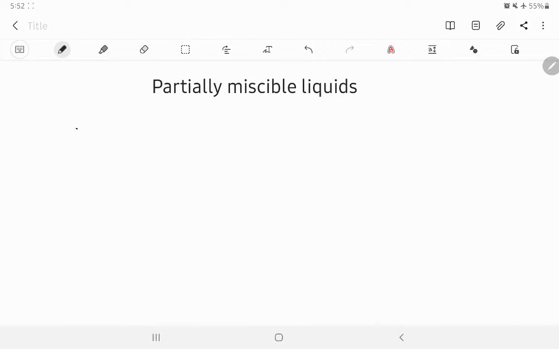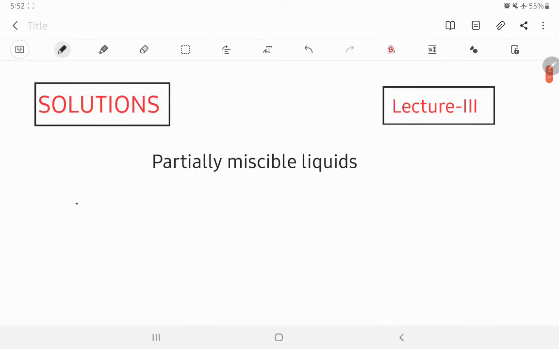Hello friends, in this third lecture of solutions we will see partially miscible liquid pairs. What is the effect of temperature on partially miscible liquid pairs? Depending on the mutual solubility, there are three types of partially miscible liquid pairs.